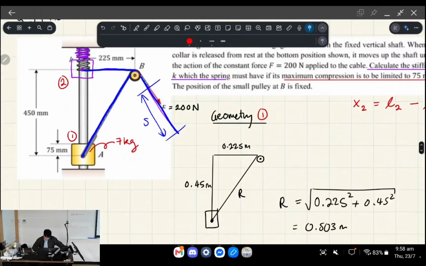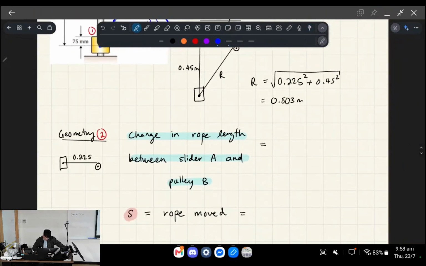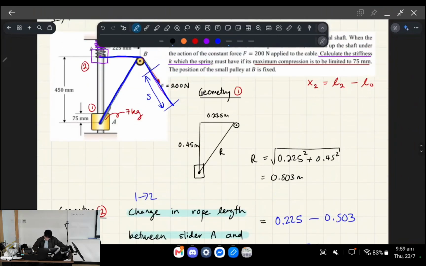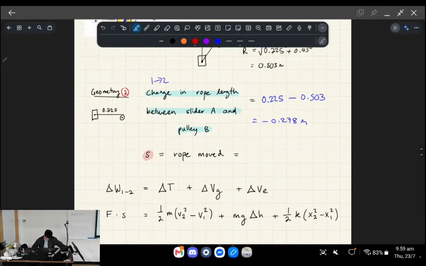So the change in rope length between slider A and B, from state 1 to state 2, is 0.225, which is the final, minus 0.503, which is the initial. So the rope between A to B has shrunk 0.278 meters, which is basically saying that the rope on this side has moved equal and opposite to that.